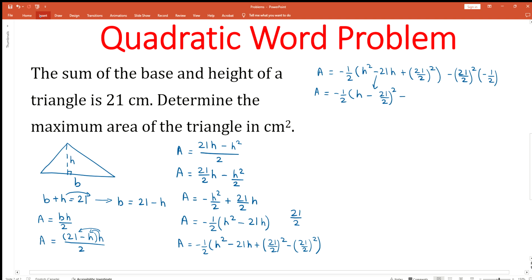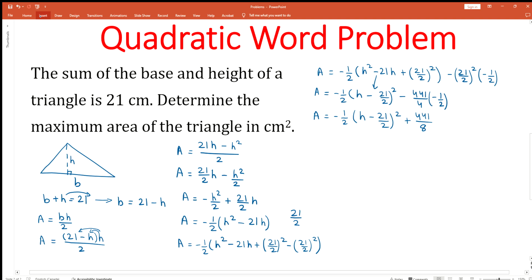Next, 21 over 2 squared is equal to 441 over 4. Negative 441 over 4 times negative 1 over 2 is equal to 441 over 8.